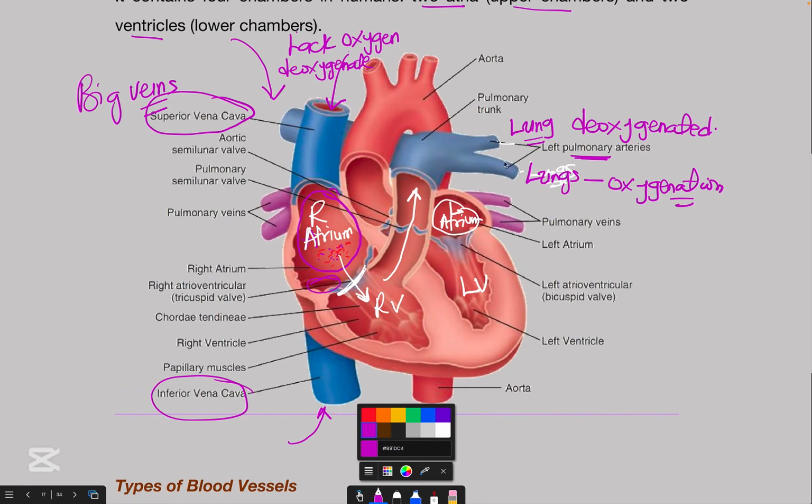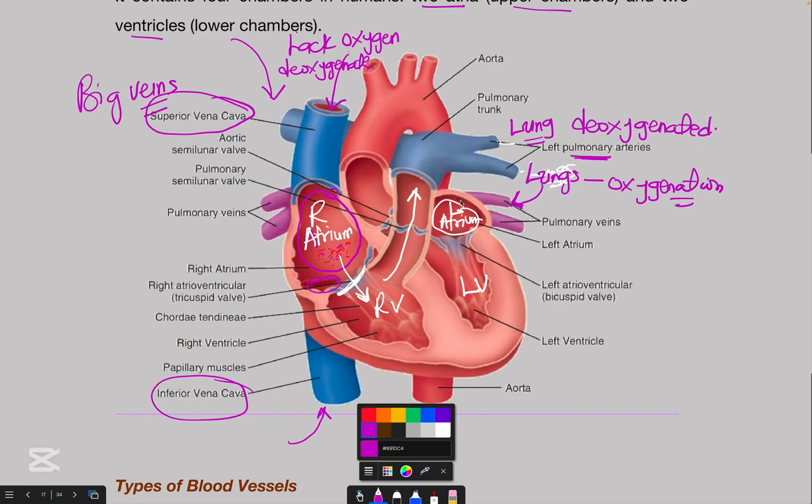Now, when this blood has been oxygenated by the lungs, the blood will pass through the pulmonary vein into the left atrium.